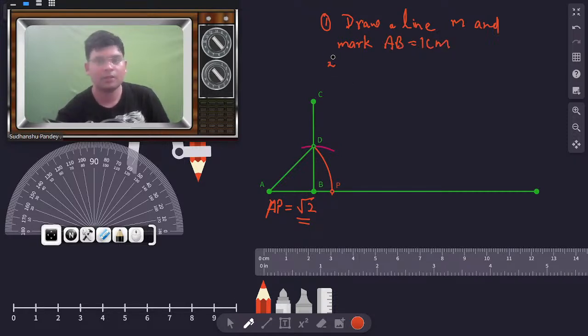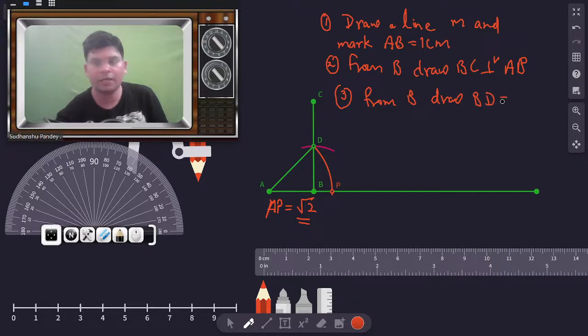Second, from B, draw BC perpendicular to AB. Third point, from B, draw BD equal to 1 centimeter on BC.